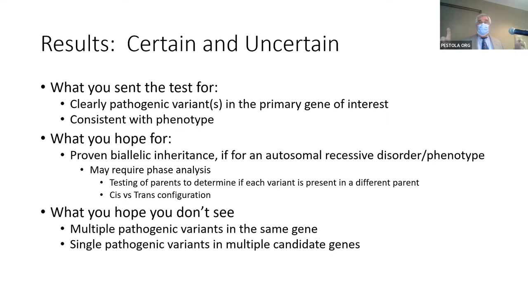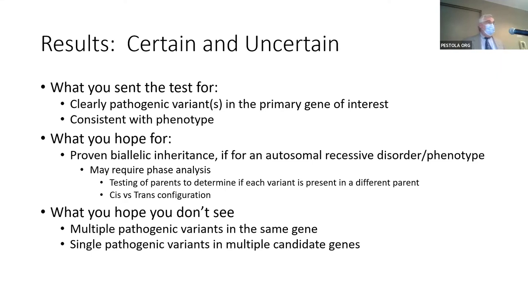You're looking for 1 and 1, which means you have to have a mechanism for testing the parents to prove that you have them in a trans configuration, one on each copy, rather than in a cis configuration.